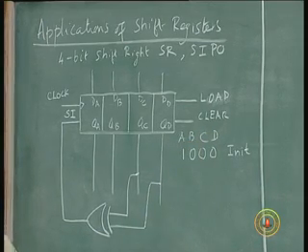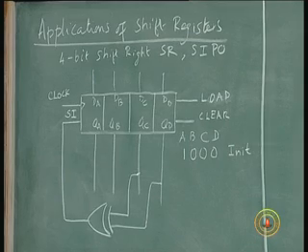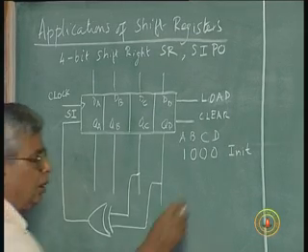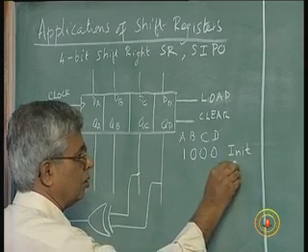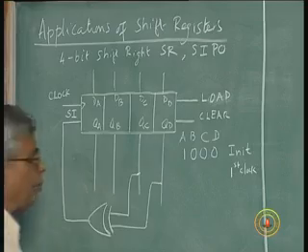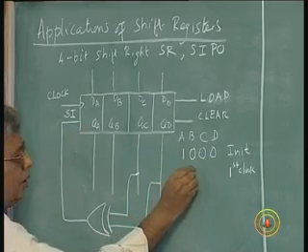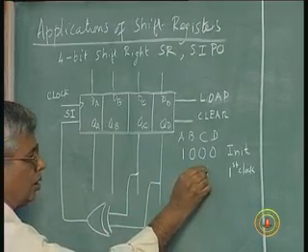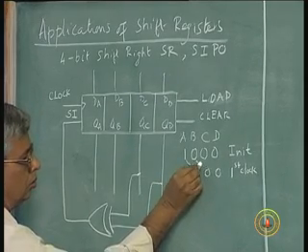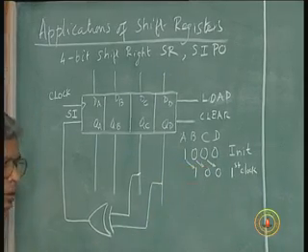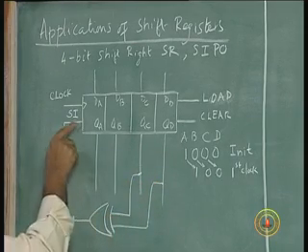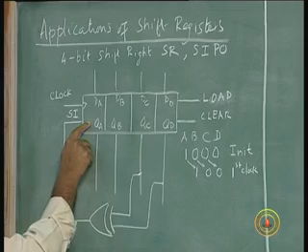So, I start with a load of 1 0 0 0. Then with the first clock pulse, this 1 gets here, this 0 gets here, this 0 gets here, and a new bit will be added to the input, which will go into QA.